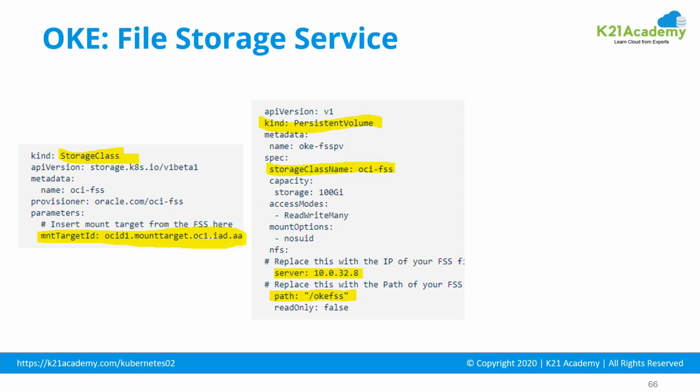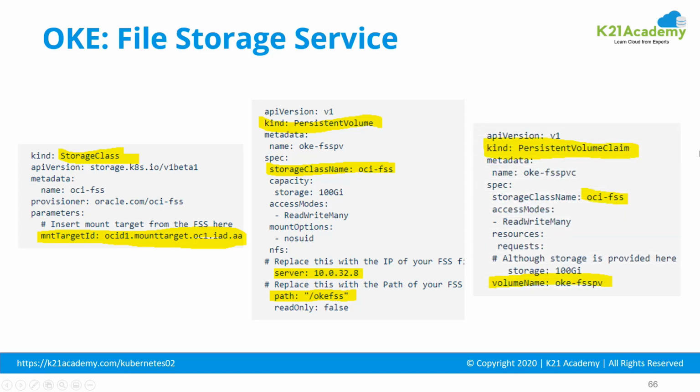Then you create a persistent volume. This is a YAML file to signify that it's a persistent volume. The storage class is the one you created earlier, of type storage class. The server IP here represents the IP address of your file storage service, which is the NFS file system, and then the path through which you are configuring this file storage service.